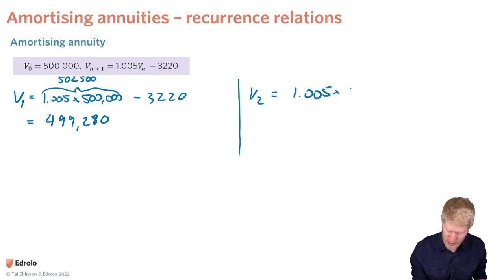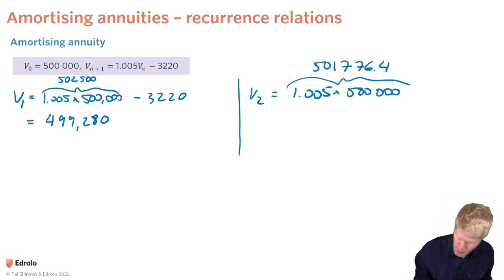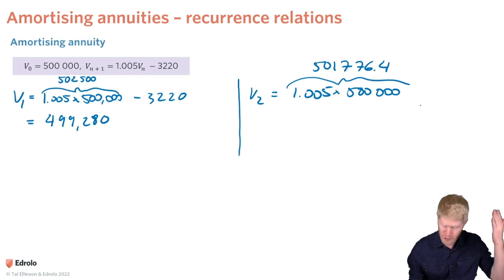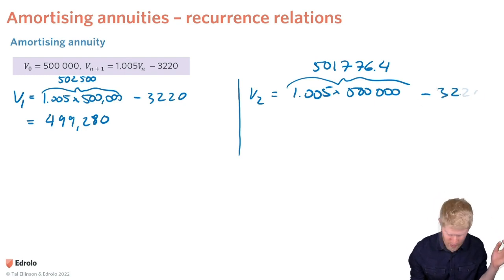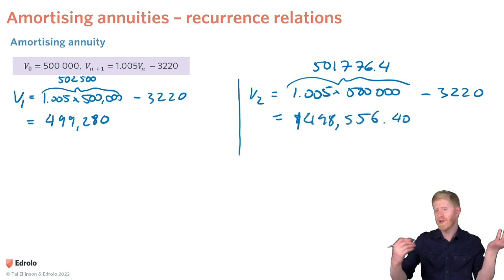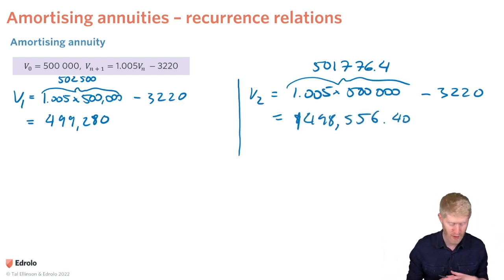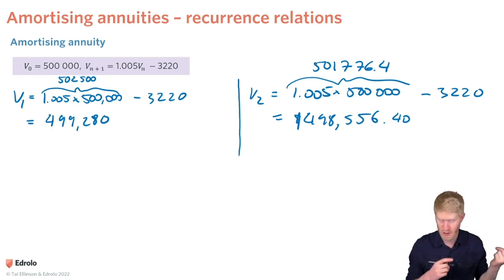Now we could do the same thing for the next one. And as you will see, if you remember back to a few of the examples we did with reducing balance loans, the exact same thing is happening, right? The value of the balance goes up with interest, and then it drops down with the payment. What's the difference between a reducing balance loan and an amortizing annuity? The only difference is the direction of where the money is going.